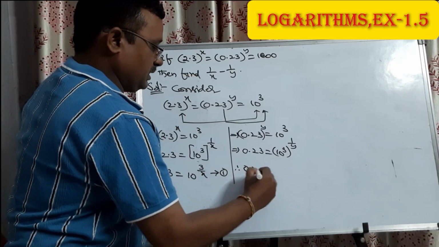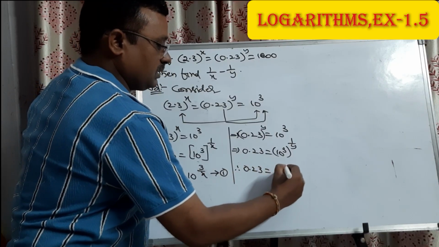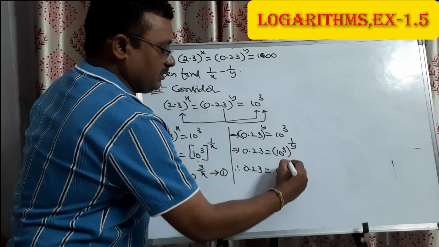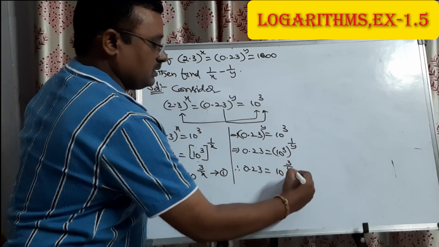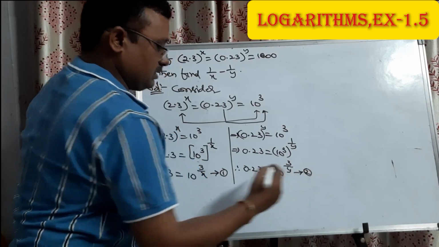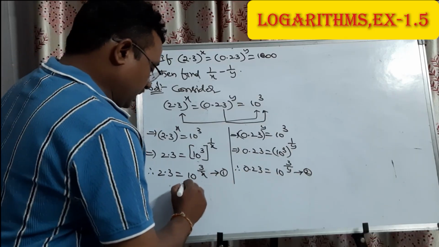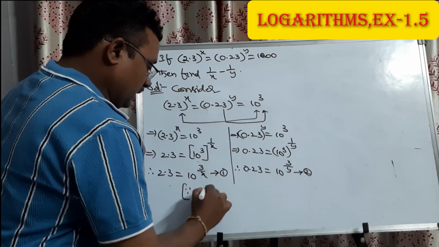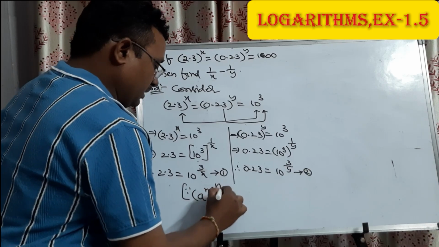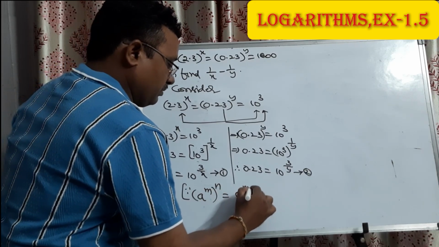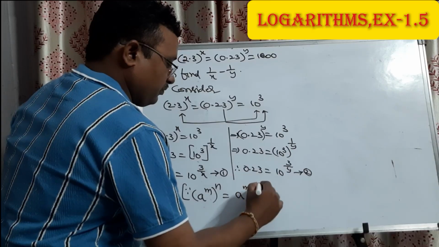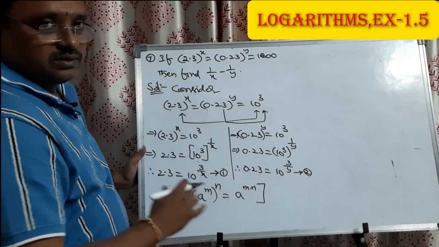Therefore 0.23 is equal to 10 power 3 into 1 by y, which is 3 by y. Let us consider this one as equation 2. Here what formula did we apply? Since a power m whole power n is equal to a power m into n, this is the formula we utilized, so we need to write it.